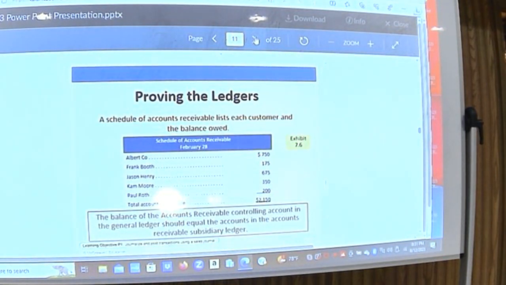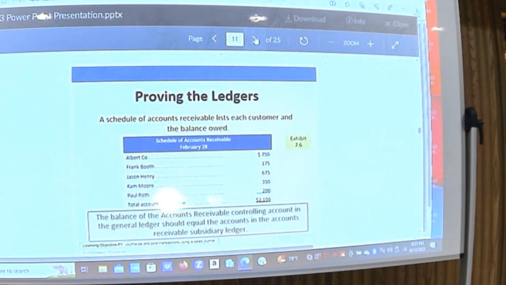Proving the ledgers: you're going to make a listing of customers in your accounts receivable subsidiary ledger. You can see a listing of those customers. The balances in their accounts are added together.